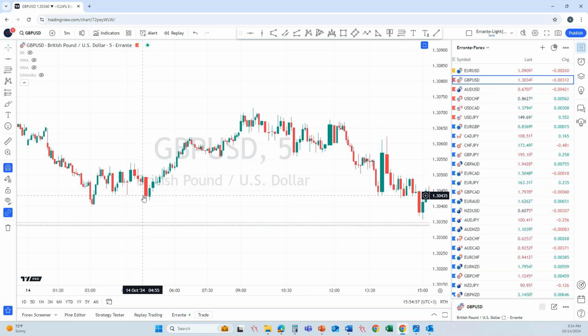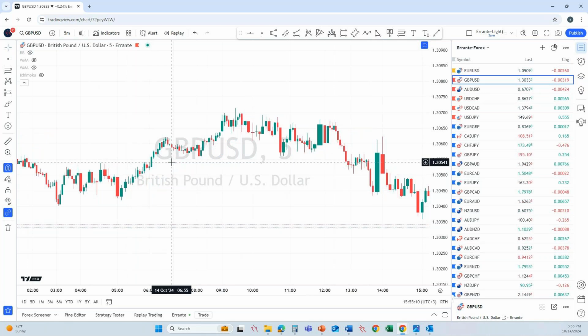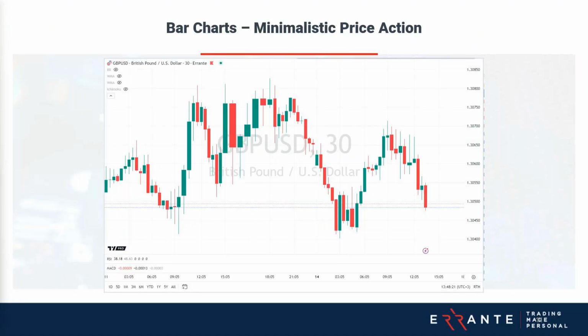So we can consider any reversal at the point of hitting this resistance level on the top here, and we see it followed by the price action later in the session. This is a way we can use these volume candles to confirm or to get a warning about a trend reversal.